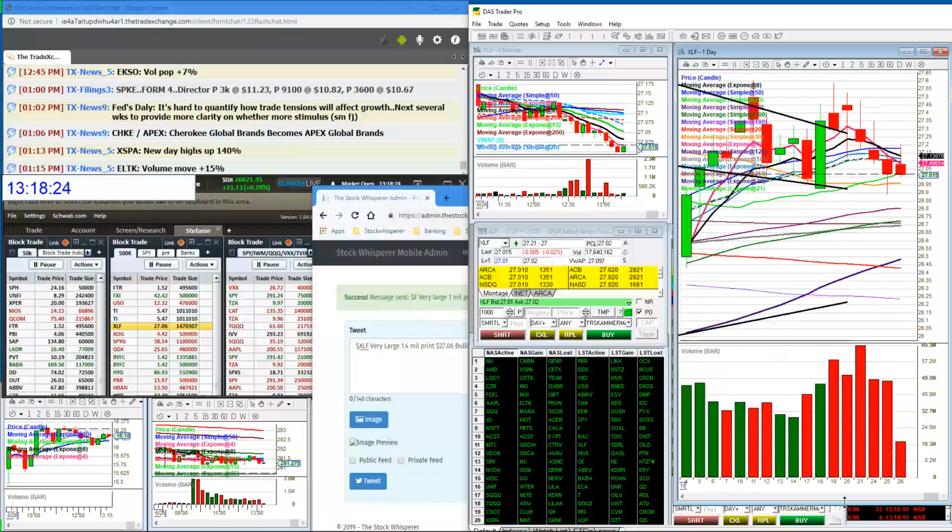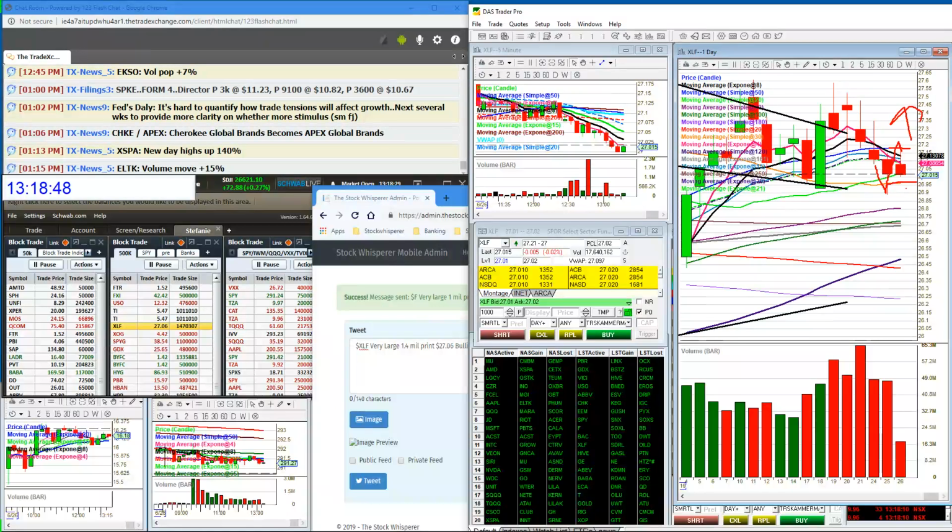Let me make this big for you. There's going to be support. It came down to it already yesterday, went a little bit further, but hammered. Buyers came in, and then they pulled it up here. Sellers came in. There's a battle going on between the simple 50 and the simple 30.